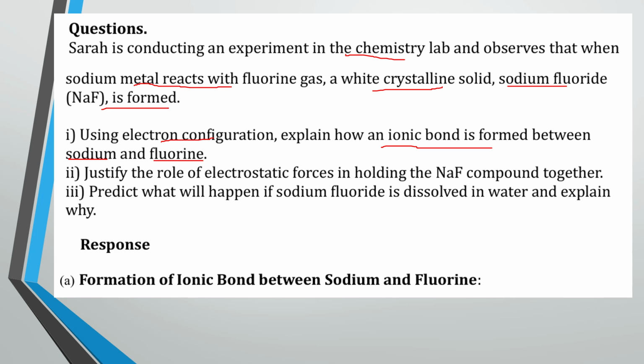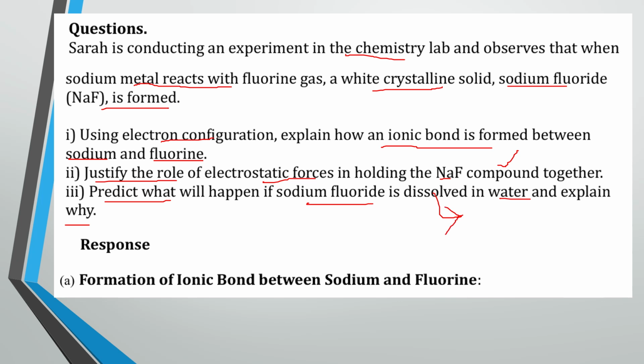Two, justify the role of the electrostatic forces of attraction holding the sodium and fluoride ions together, forming the sodium fluoride compound. Three, predict what will happen if sodium fluoride is dissolved in water and explain why. Remember that we summarized this in the table.